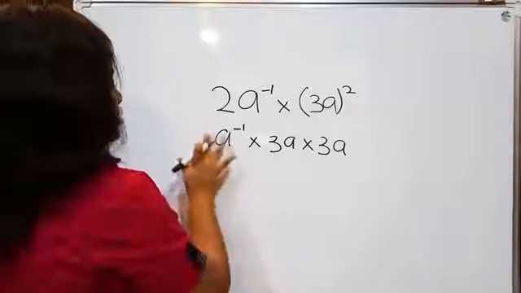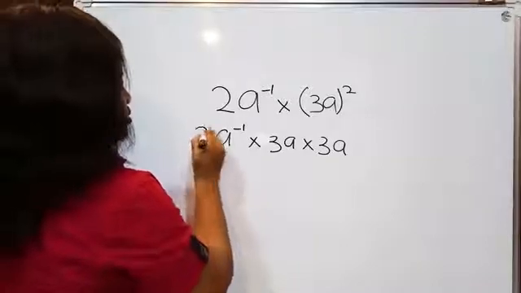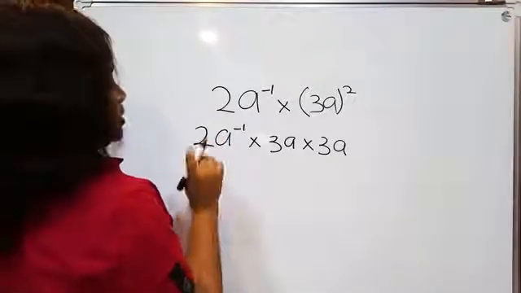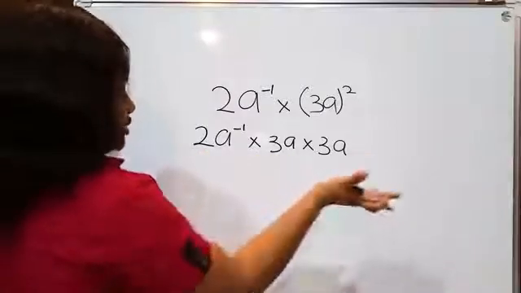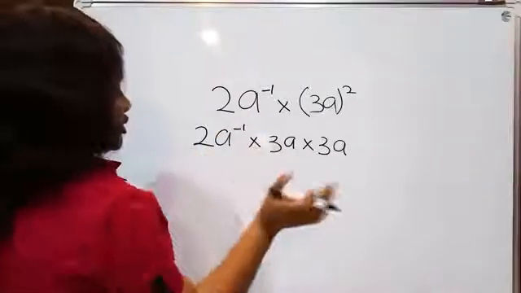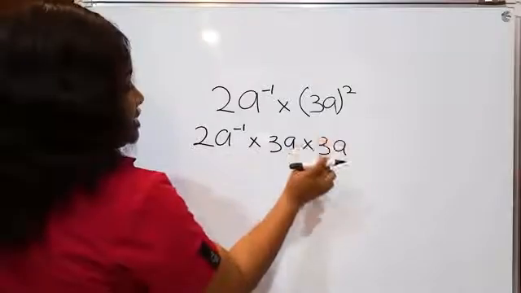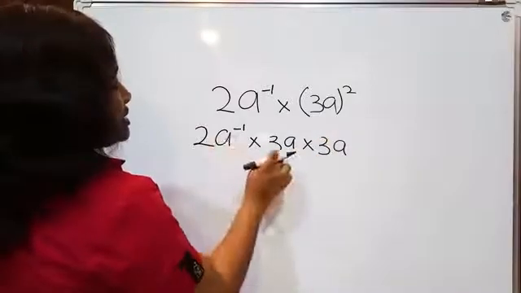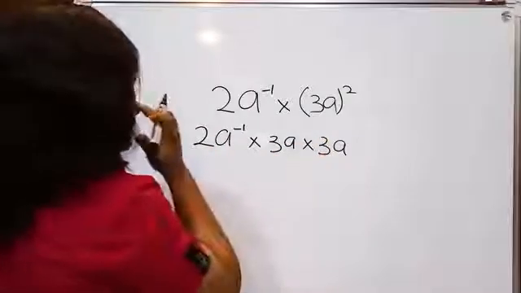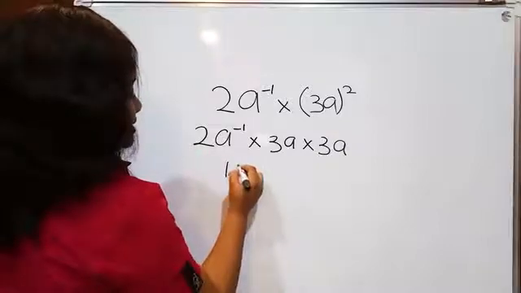Now we've expanded it. Let's try solving it. Taking the numbers, you have 2 times 3 times 3. 2 times 3 is 6, 6 times 3 is 18. So you have 18a.